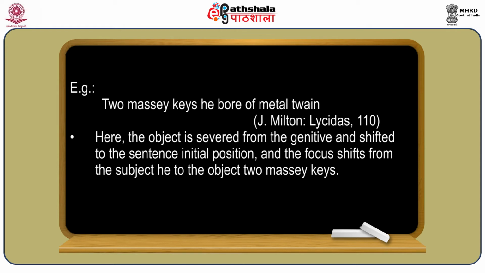The focus thus shifts from the subject he to the object two massy keys. So I repeat the line: "Two massy keys he bore of metal twain." Whereas he should have been in the line initial position, two massy keys have been moved. This movement is topicalization.